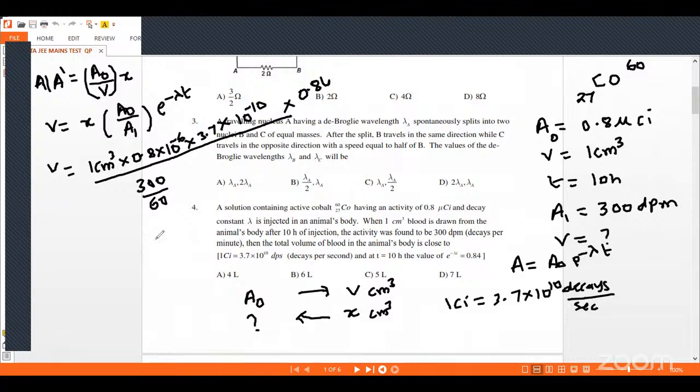Upon calculation, we get the volume as 4.97 into 10 power minus 3 meter cube. So it is nothing but 4.97 liter, or approximately 5 liters.